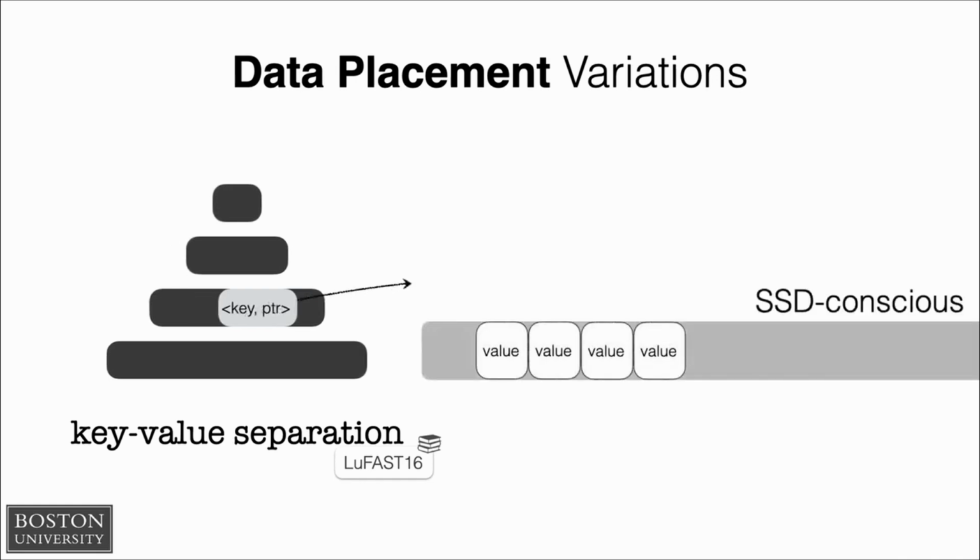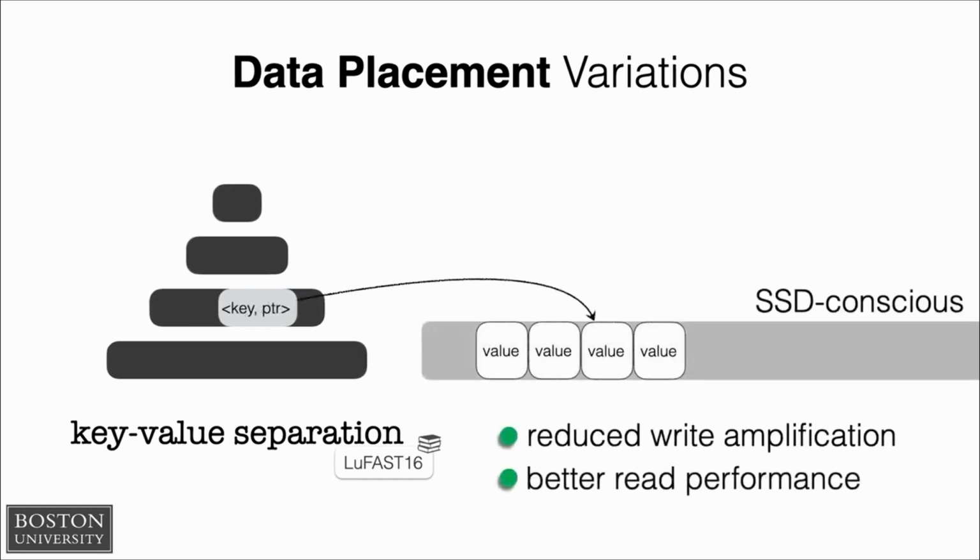So WiscKey, this paper from Lu et al. published in FAST, separates the keys from the values. In the tree itself, it stores the key and pointers, so no values. So now the entries become smaller because a pointer is typically much smaller than a value field. So the write amplification is reduced significantly. And this pointer points to the value which is stored on the storage.